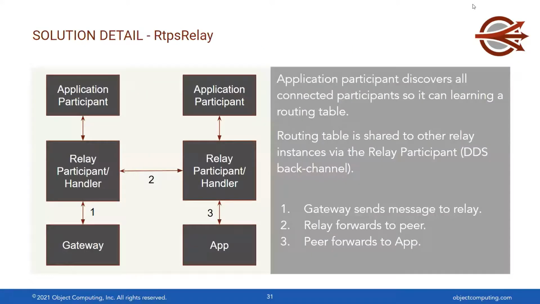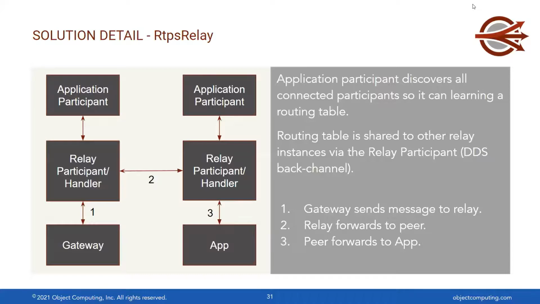So the final piece that I want to talk about is this RTPS relay component, which allows us to forward RTPS messages. So let's think about a gateway starting a relationship: the gateway decides to connect to an RTPS relay instance. The first thing it does is it discovers the relay itself. There is another participant called the application participant that runs in the relay, and it participates in this kind of discovery.